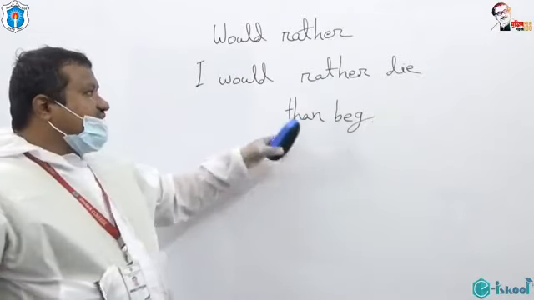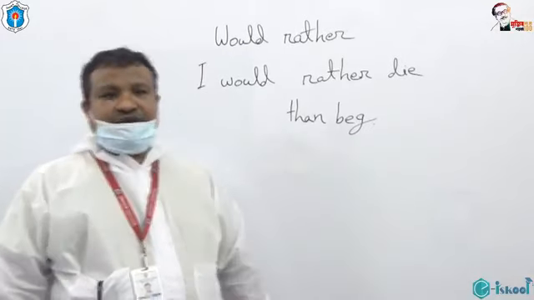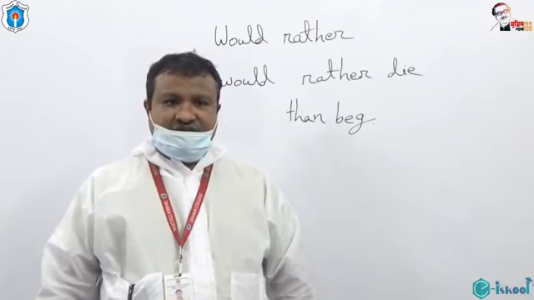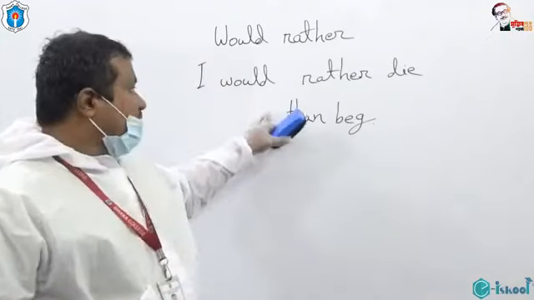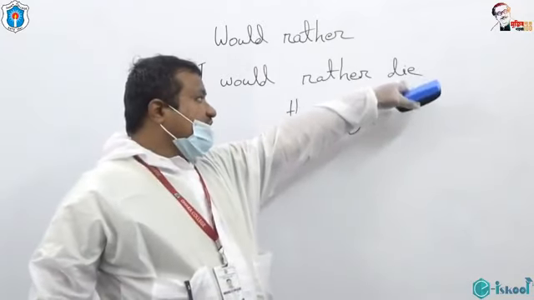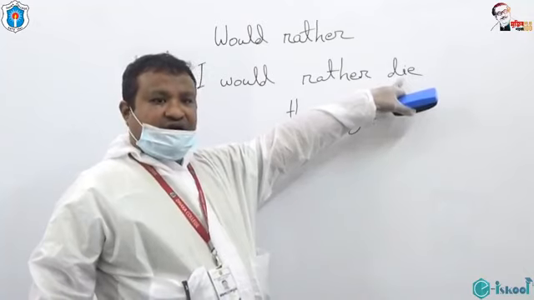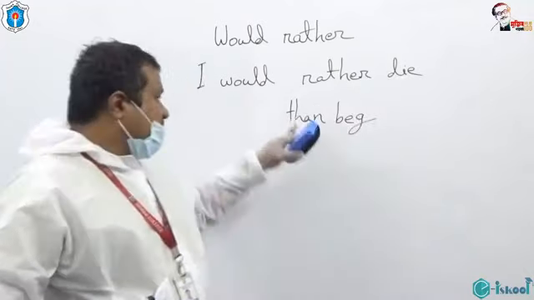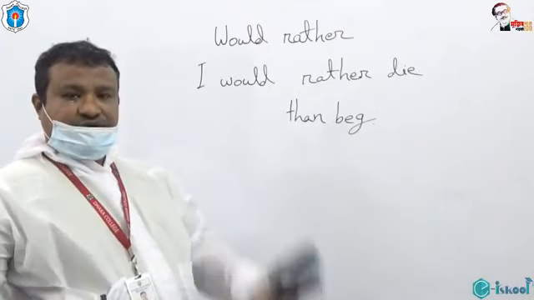I would rather die than beg. We know that when we are using the word would rather, then we are actually using the present form of the main verb. But when we are using this, then what will we do?